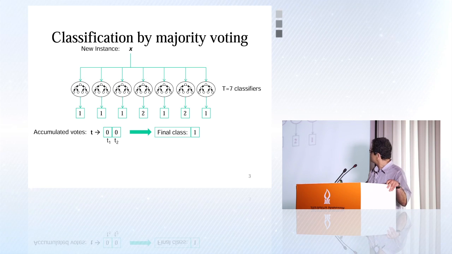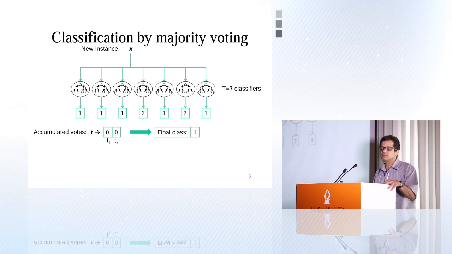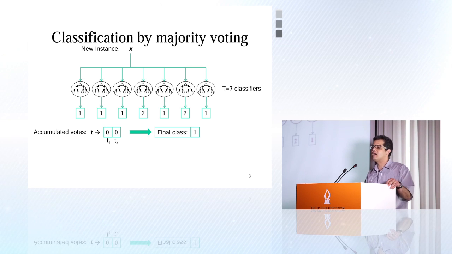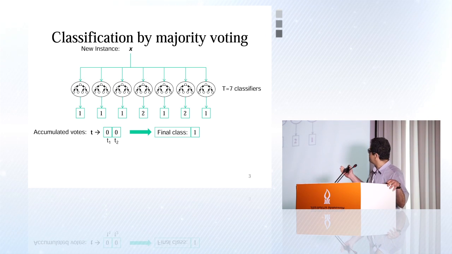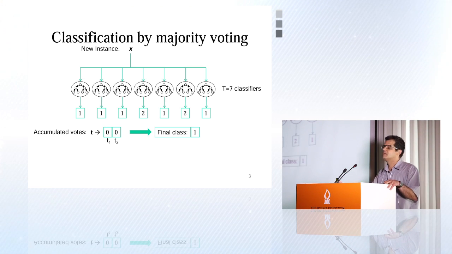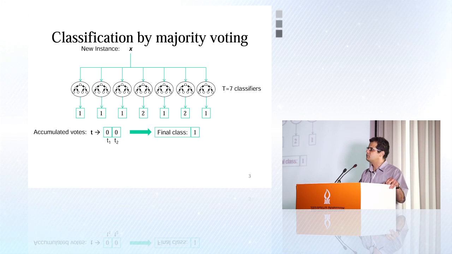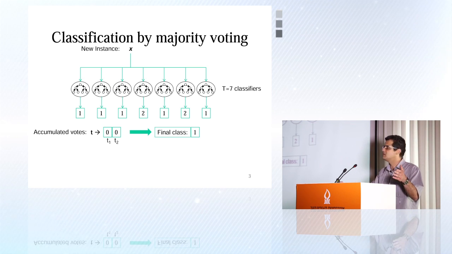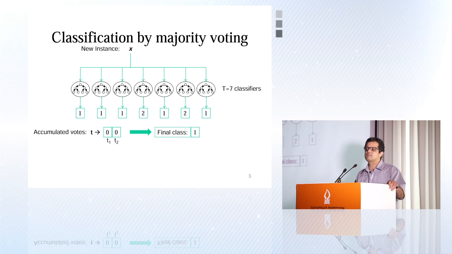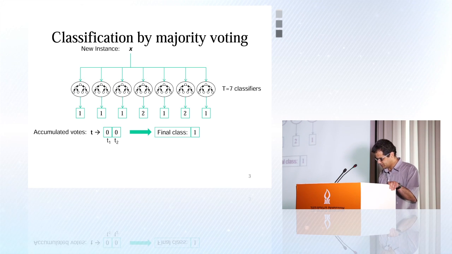Specifically, in this example, we are using majority voting, which is the default way to combine all the results. We have 7 trees, 5 of them gave the classification of 1 and 2 of them the classification of 2, then the final class will be, in this case, of course, 1.